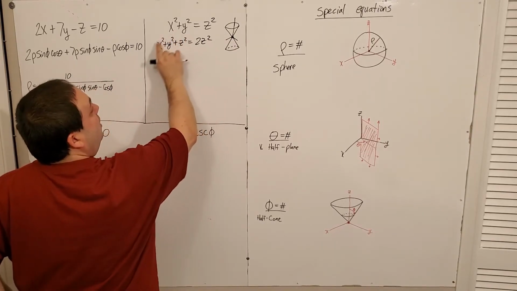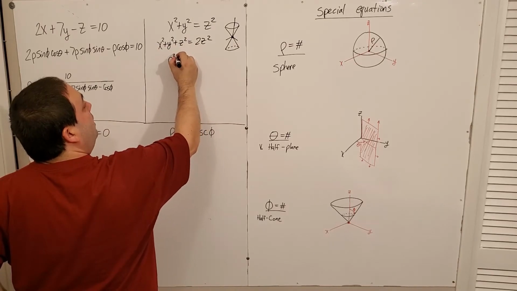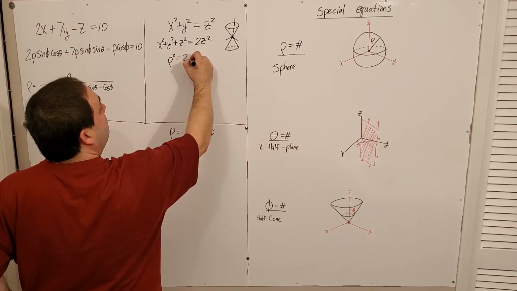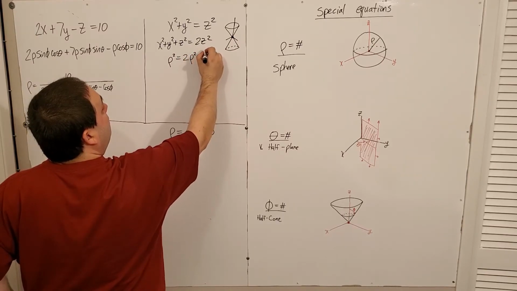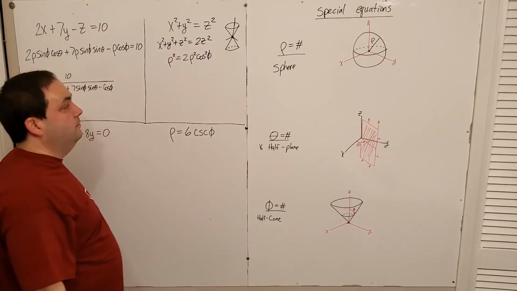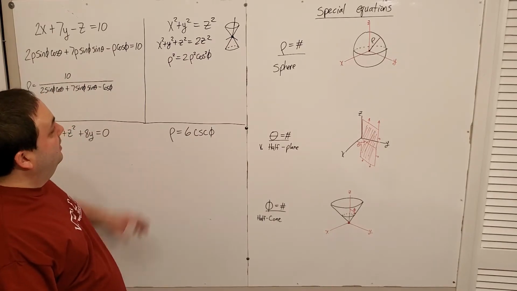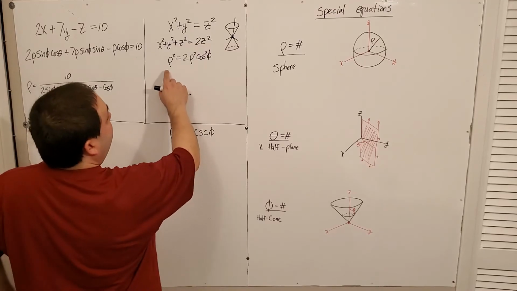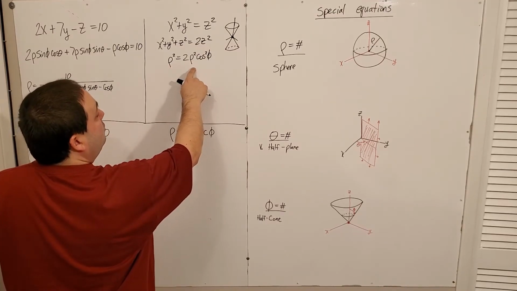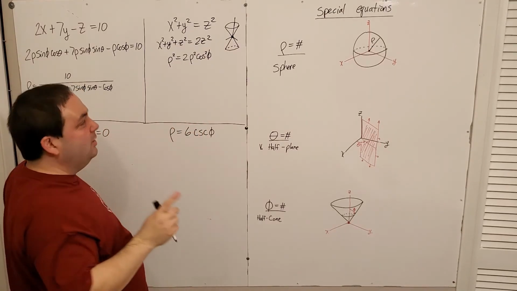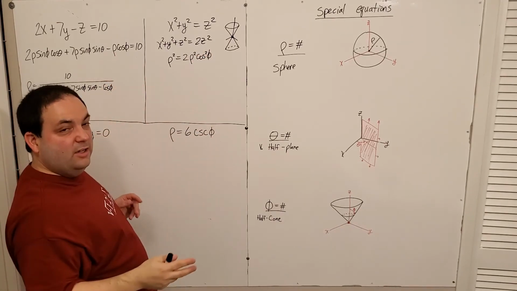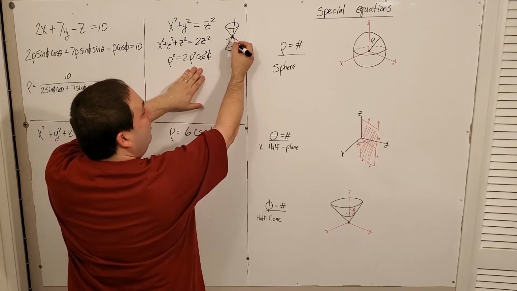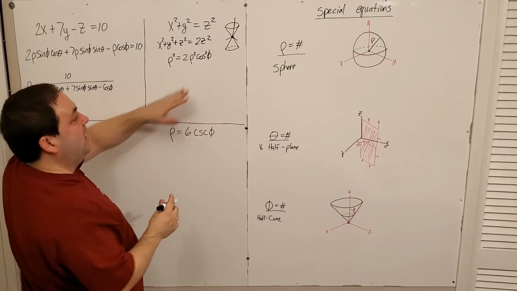Now x squared plus y squared plus z squared is rho squared, and z squared is rho squared cosine squared phi, right? Because z is rho cosine phi. I can divide both sides by rho squared. Be careful. What I'm actually doing is moving this thing over and factoring it out, because you don't want to divide by 0, and rho is 0 at the origin, but it has the same result.